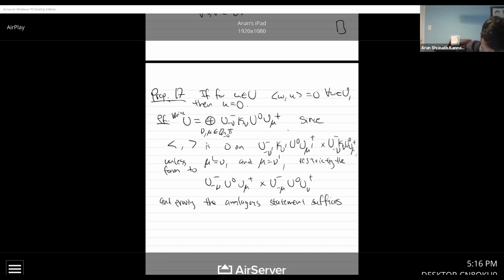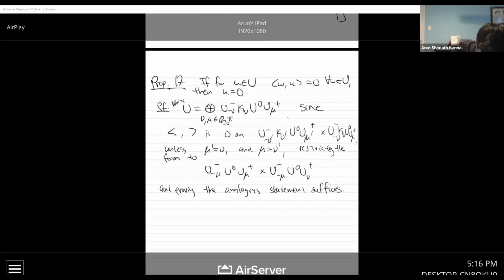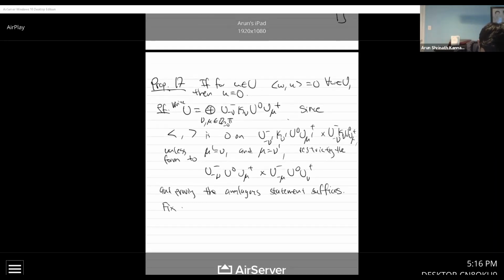So nothing really fancy here. What we're going to do is fix a basis u_1^μ, u_2^μ, up to u_{r_μ}^μ of U_μ^+.